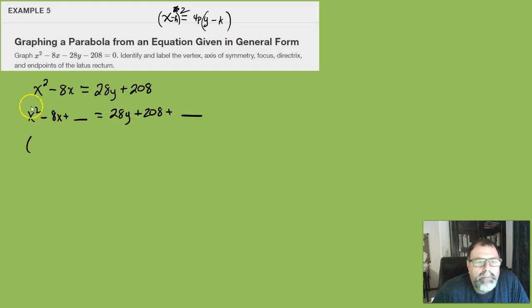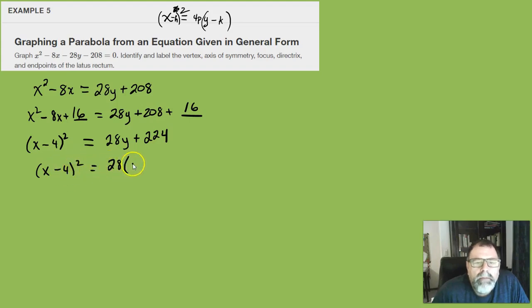So since it's just x squared and I'm not factoring anything, I can add the same number to both sides. So half the middle term, square it, add it to both sides. So 28y plus 224. We're going to factor out the 28. x minus 4 squared equals 28.